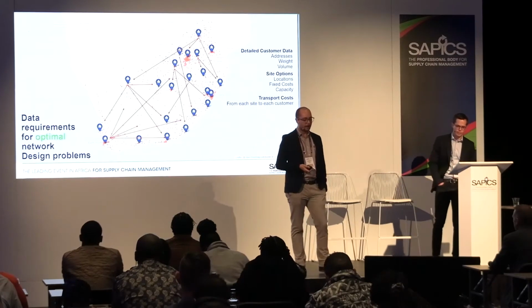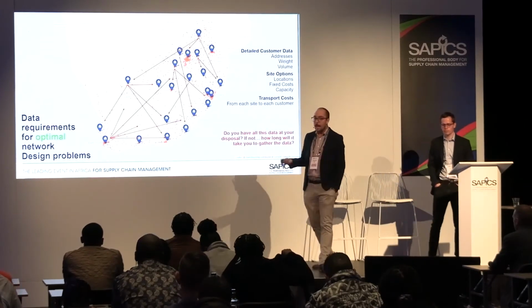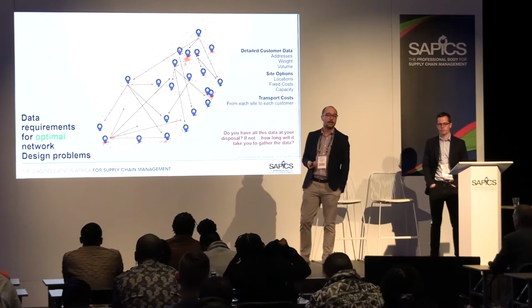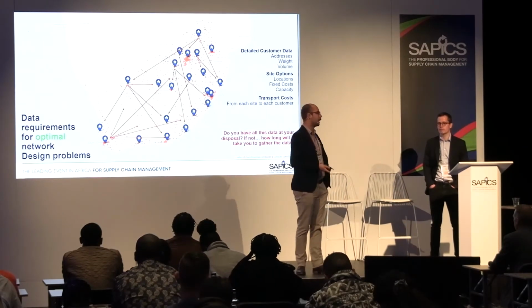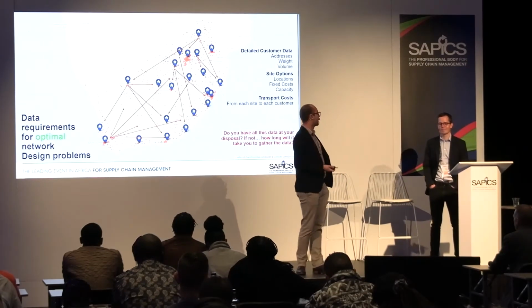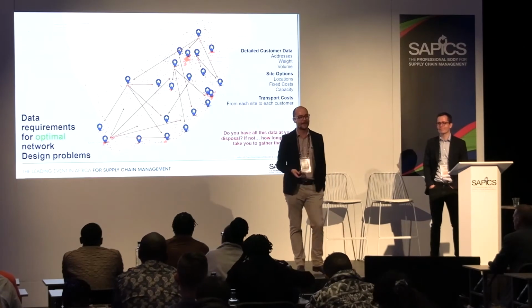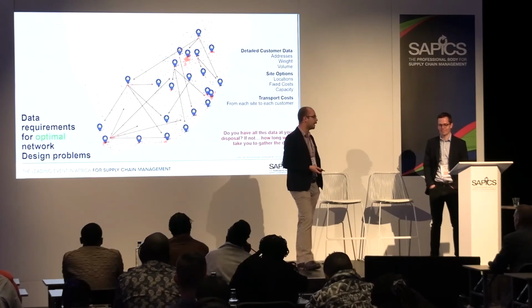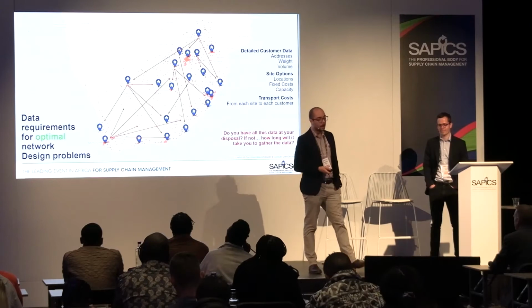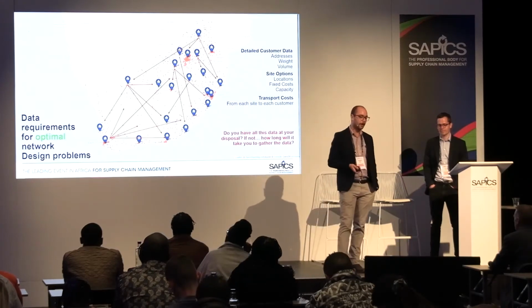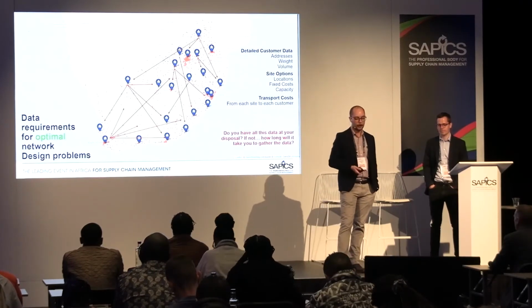And the problem then is, do you have all of this data? And if you don't, do you even have the time to get all of this data? Your manager told you he wants a network designed by next week, Wednesday. It's not going to happen. And that really is the challenge with optimal discrete models for network design and optimization.